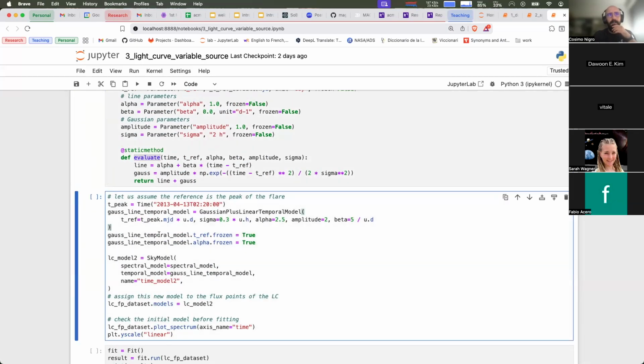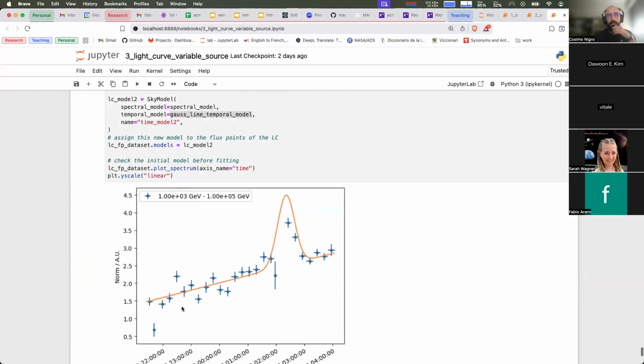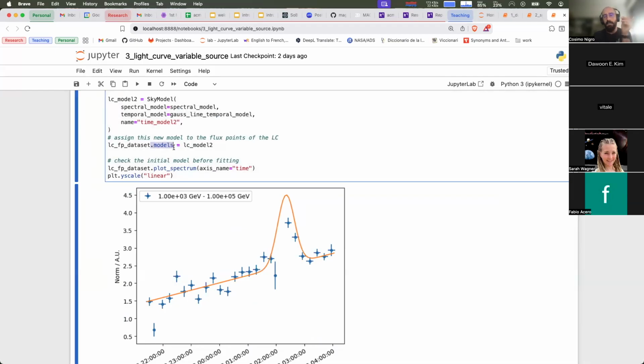I assign some of these values, okay, and then what I do is I create a new sky model with a spectral model that is always a constant and with this Gauss-line temporal model. I assign it to the data set and I just plot it, okay? I'm not fitting here, just plotting. So I assign to the data set, each data set has this dot models attribute, as we saw before, where you can assign a model, okay?